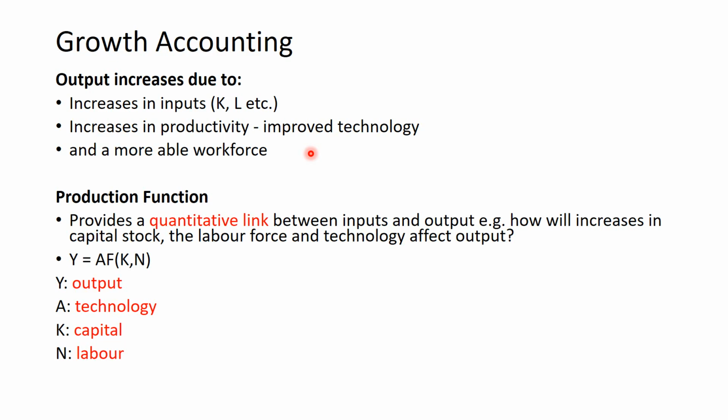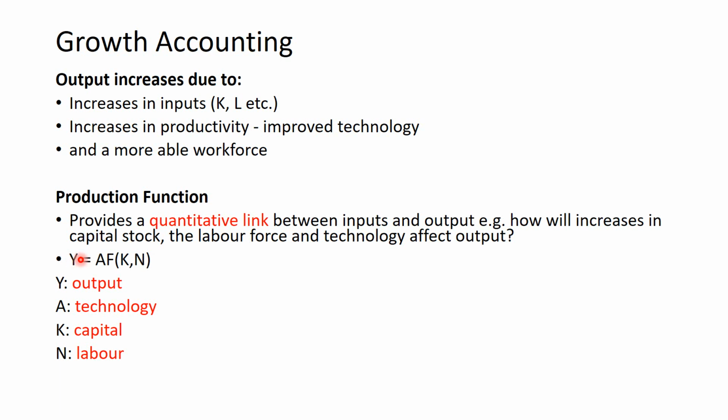So our production function in mathematical notation is capital Y is a function of A, which is technology, as well as K, which is capital stock, and N, which is the population size or labor.